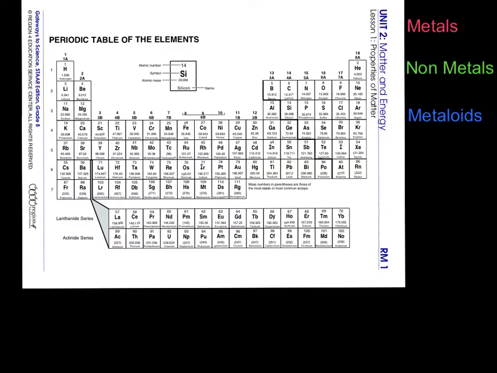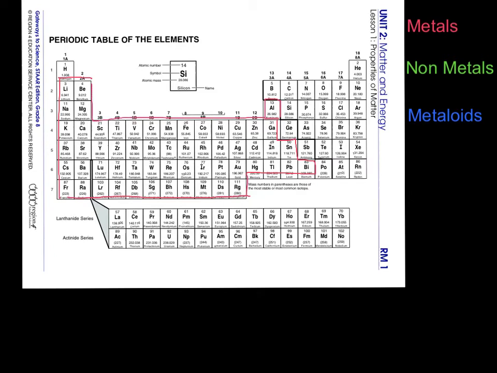The periodic table has 3 major groups or categories of elements. The first group or category of elements are the metals. The metals, I'm going to outline here, take up most of the periodic table. The metals are found on the left side of the periodic table, and they go over almost to the stair step, including aluminum there.